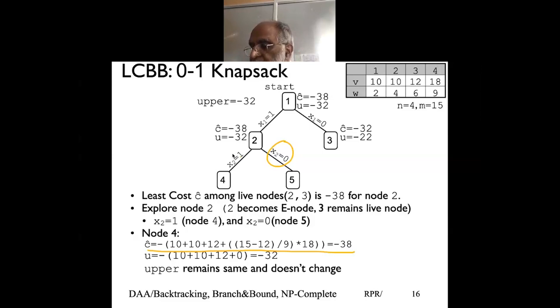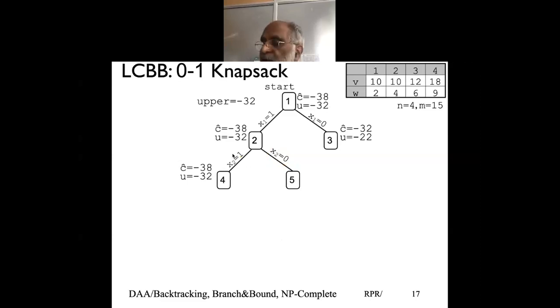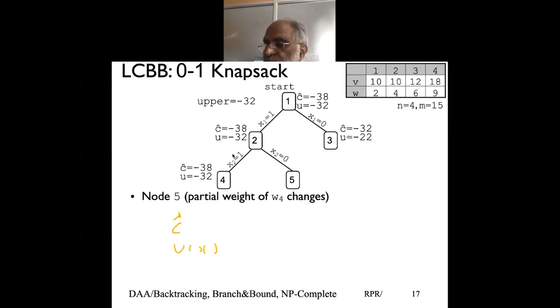But for node 5, what happens? Let's look at node 5. Does it change? Can you work out and tell me for node 5, what would be my C hat x and what would be my ux? For node 5, I am including item 1 but excluding item 2.